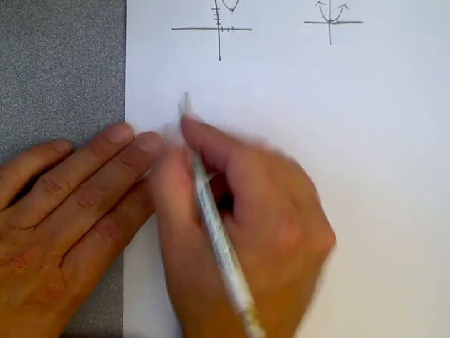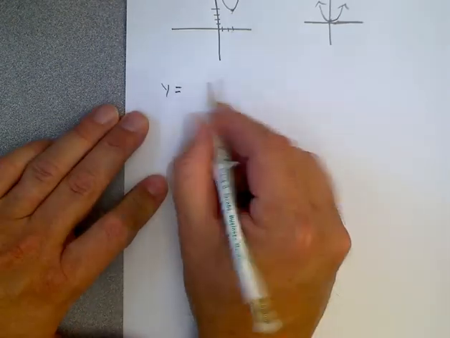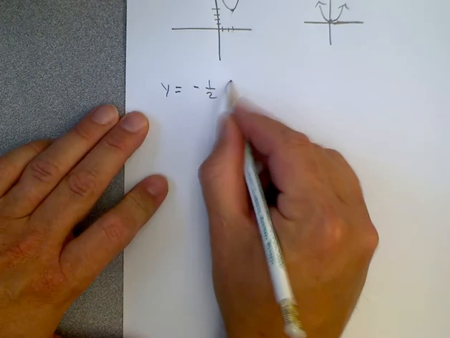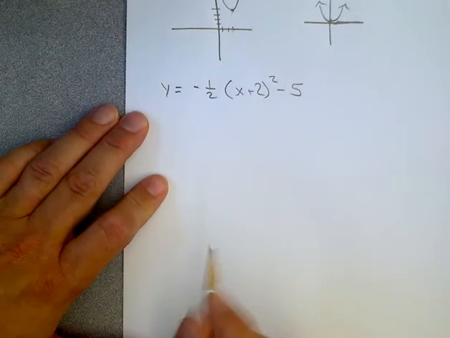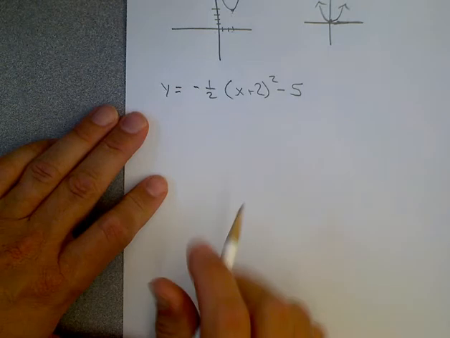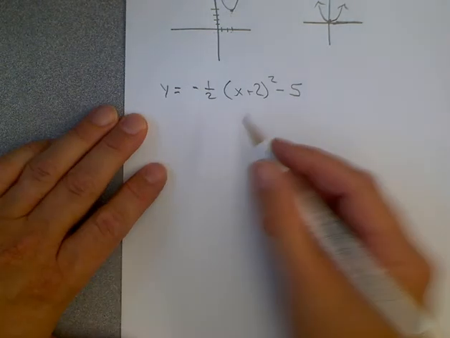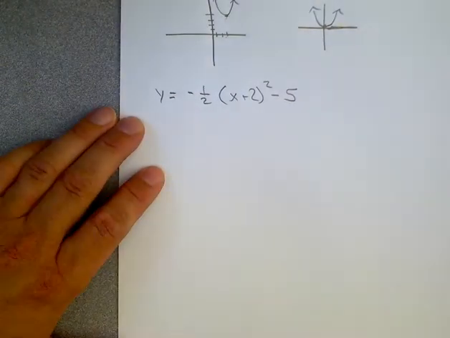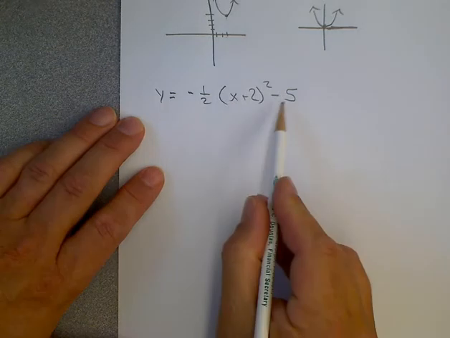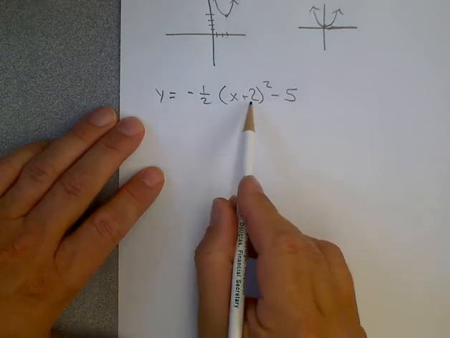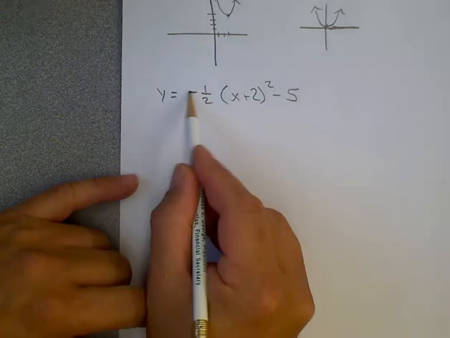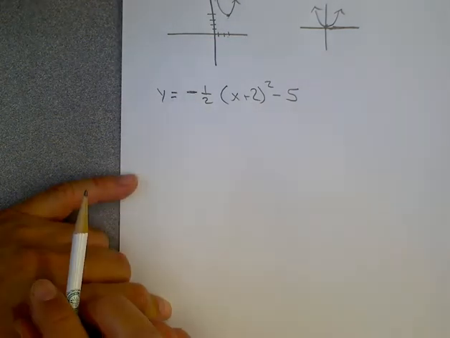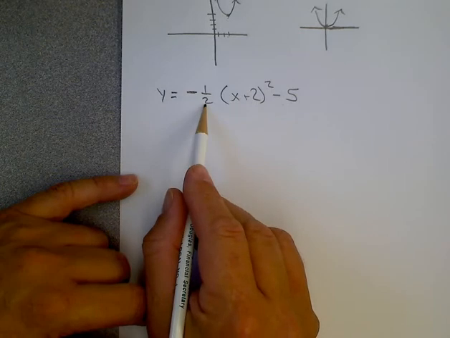Another one. Y equals negative 1/2 times (x plus 2) squared minus 5. So again, I'm comparing it to y equals x squared, and in comparison to that, it should go down 5, left 2. This negative will flip it over the x-axis, and then this 1/2 is the a value multiplier.